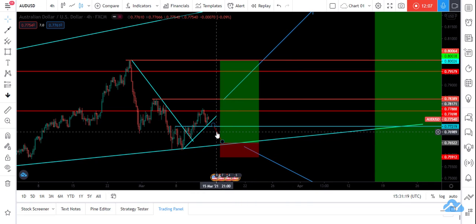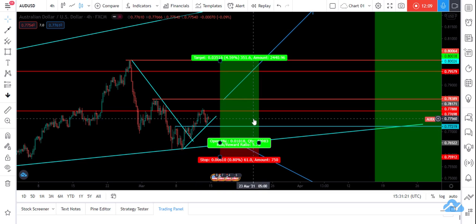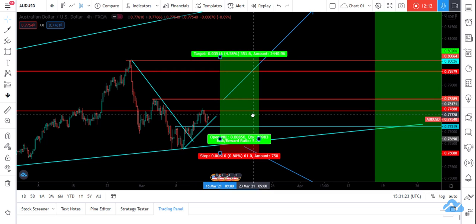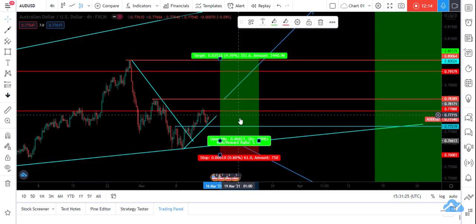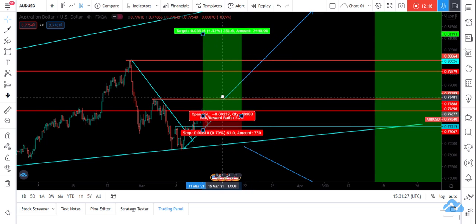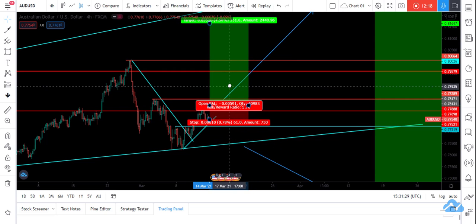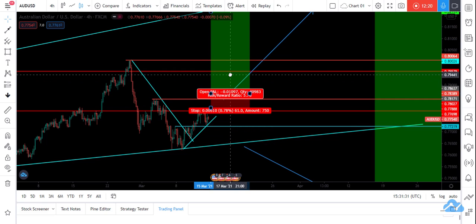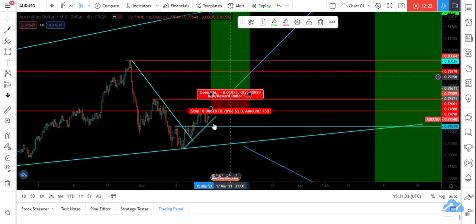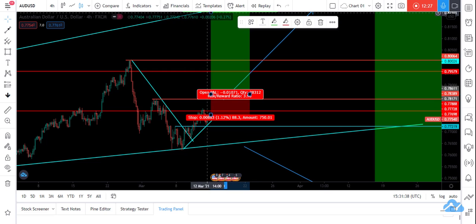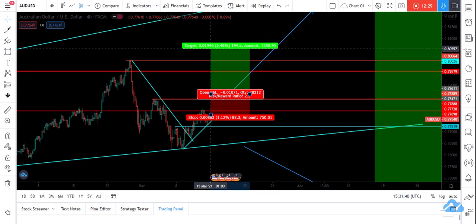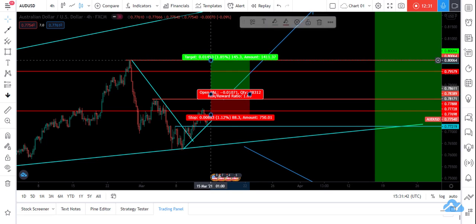The other one, which I think could happen as well, is if the price breaks above this level at resistance, we could look to trade all the way up here.